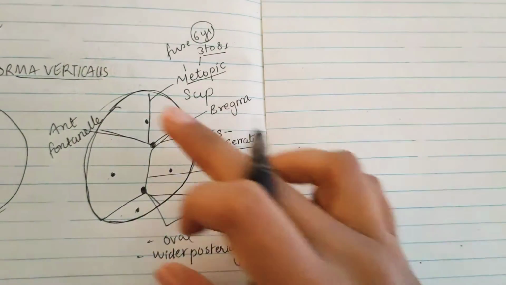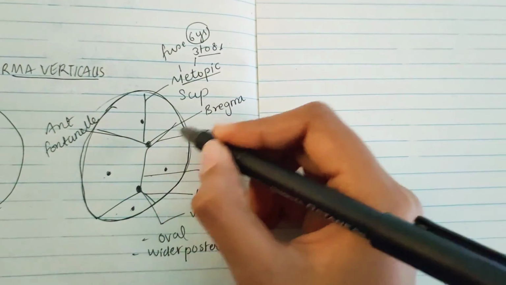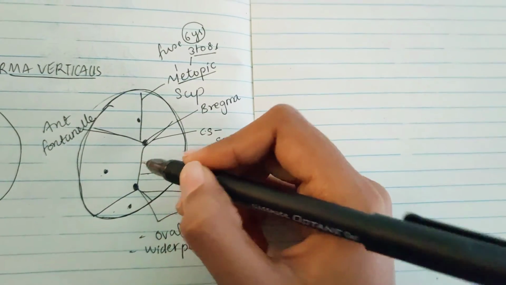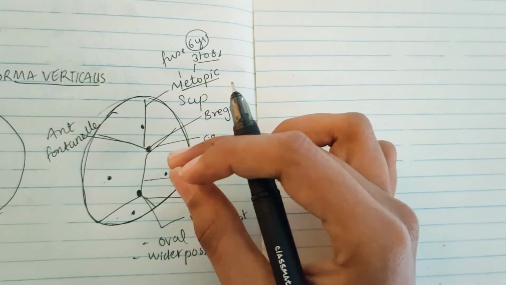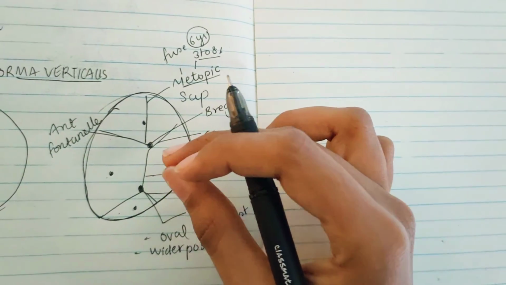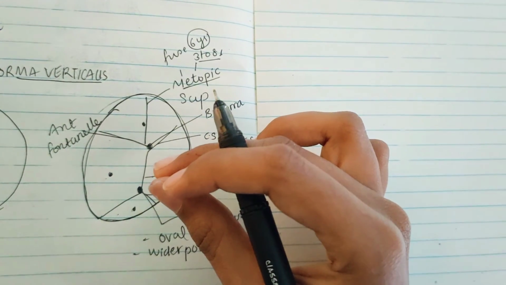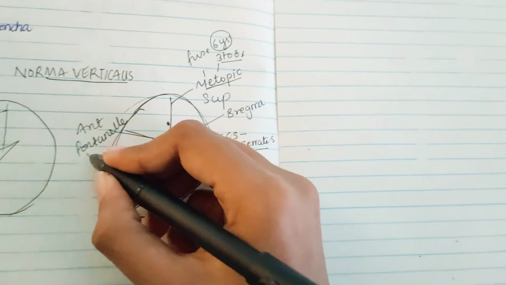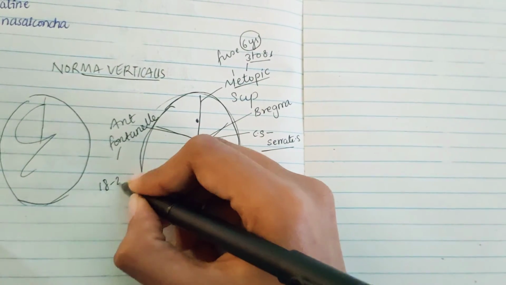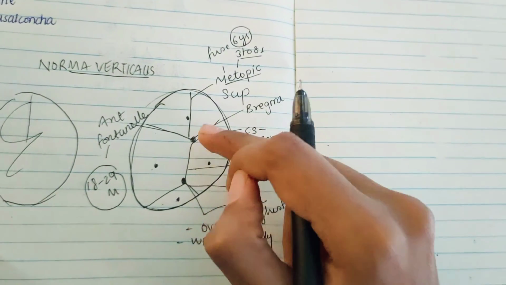If you see, it is between the coronal and sagittal sutures. Especially in the fetal skull, this is a site of membranous gap, and this is called the anterior fontanelle. It closes usually at 18 to 24 months of age.